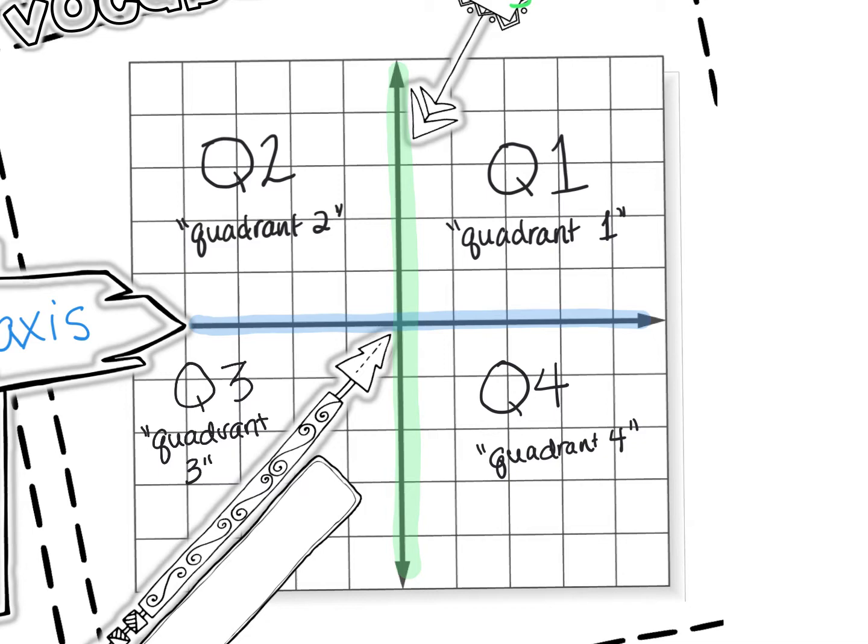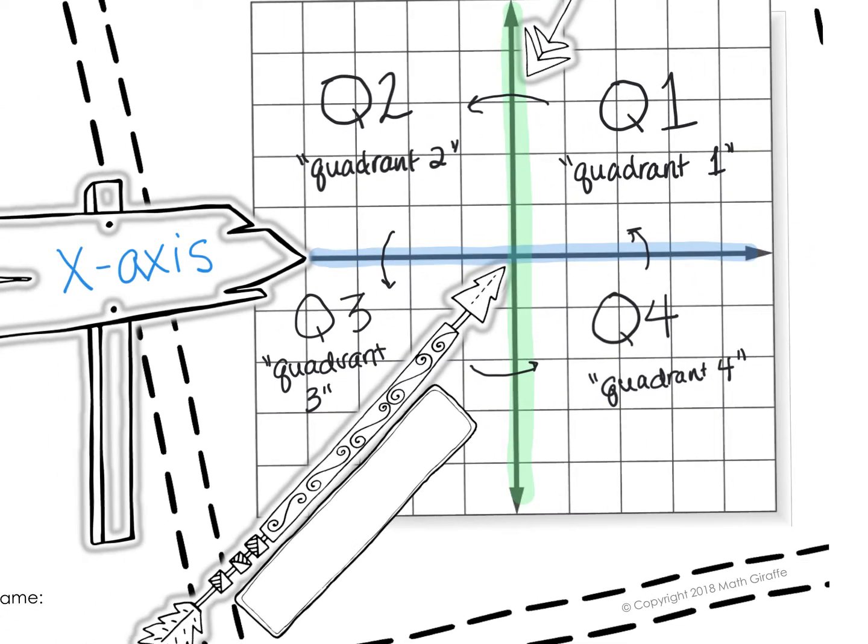Notice that the directions of the quadrants is going counterclockwise. That means opposite of clockwise. It's going to the left. Finally, the last vocabulary word that you need to know is pointing right here. Notice that this arrow is pointing right where the x-axis and the y-axis cross. This is called the origin.